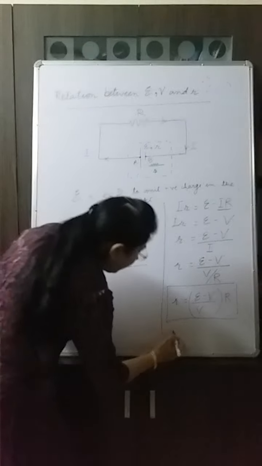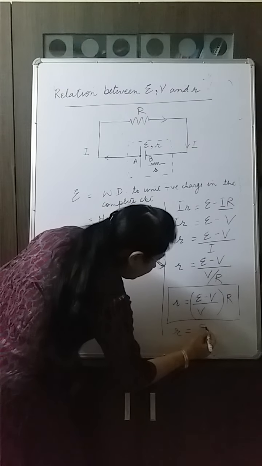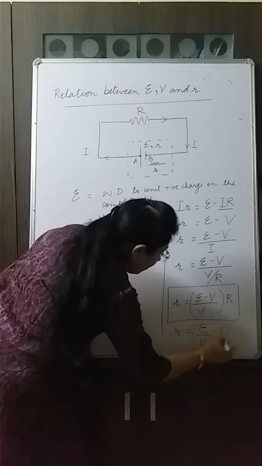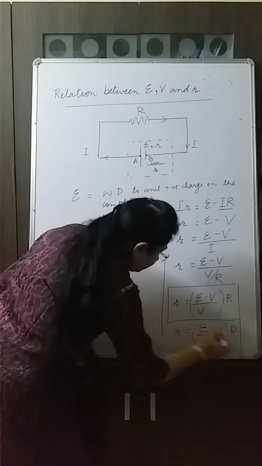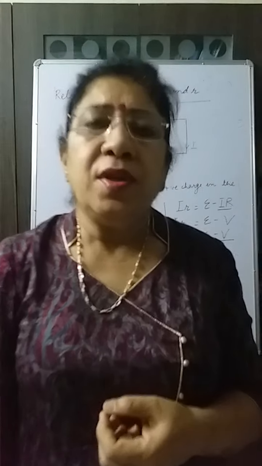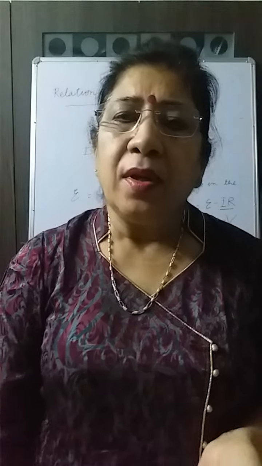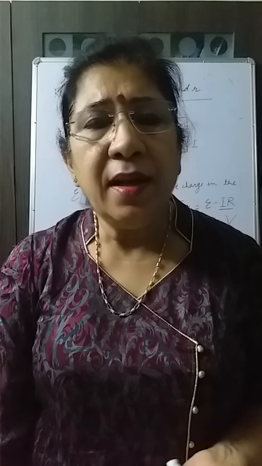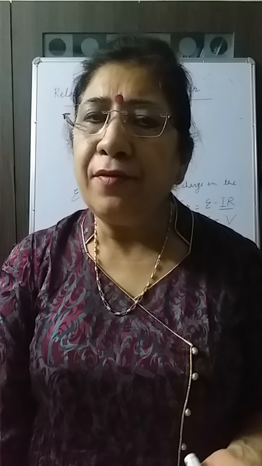We can also write it as r is equal to (E by V minus 1) into R. So these three physical terms tell us about the different properties of the cell: the internal resistance, the EMF of the cell, and the terminal potential difference of the cell.